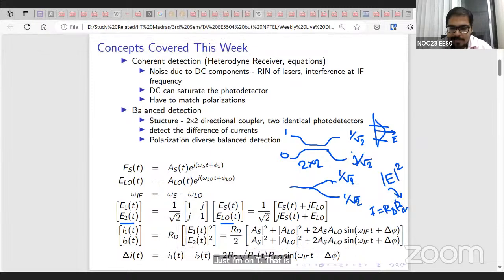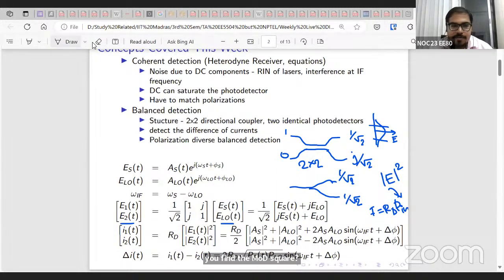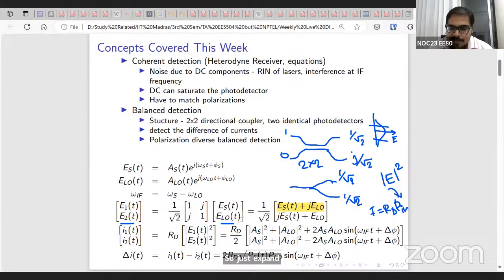That is all. There is no magic. And how to find the mod square? You just substitute this and find the mod square, just expand using (a+b) whole square. But keep in mind that there can be complex values.